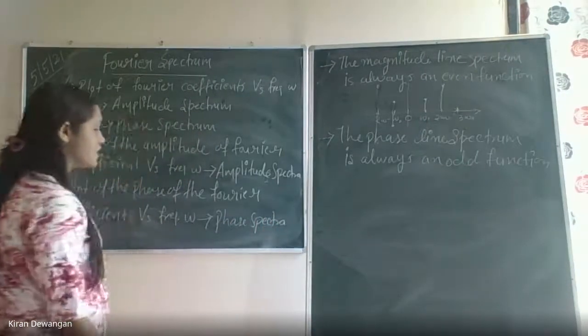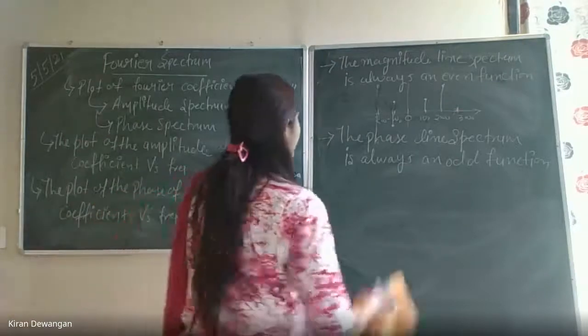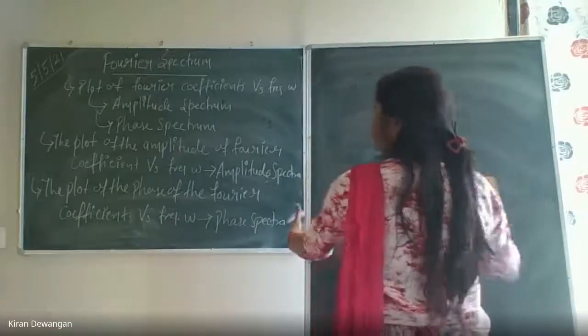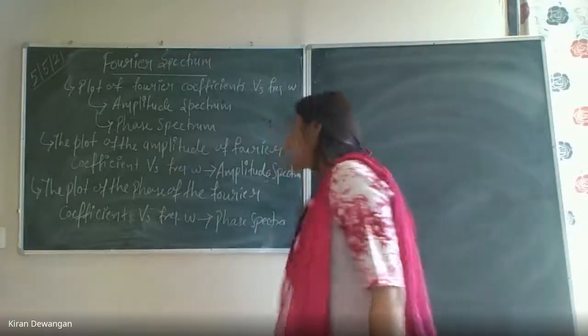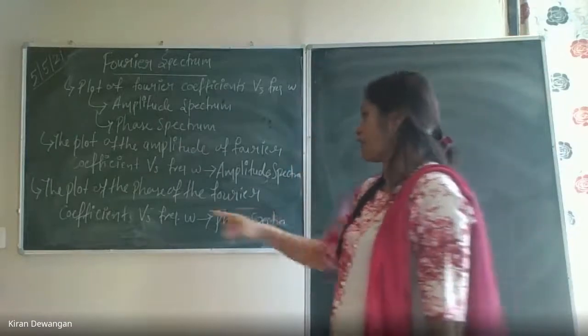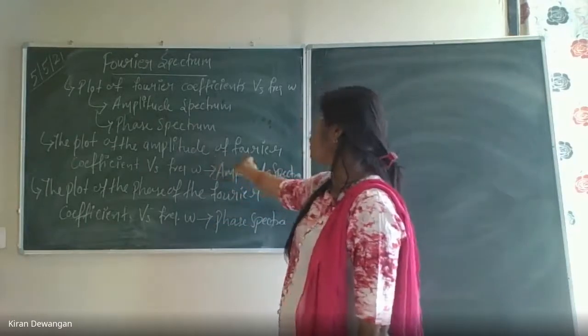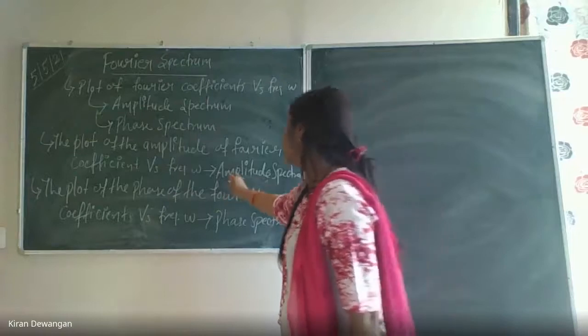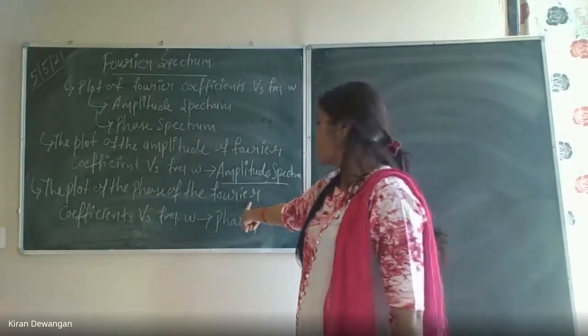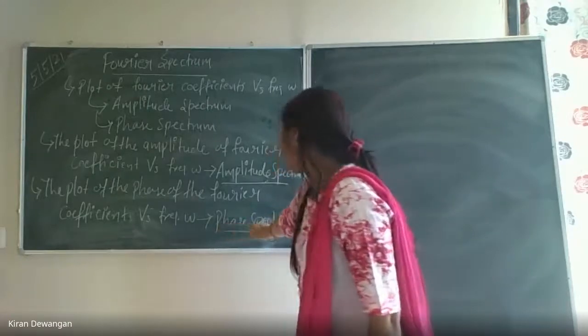Okay? So these are the basics about the Fourier spectrum, that we should know what a Fourier spectrum is and what plots it involves. It involves two types of plot. One is an amplitude and another one is a phase. So the plot of the amplitude of the Fourier coefficient versus frequency is the amplitude spectra, and the plot of the phase of the Fourier coefficient versus frequency is the phase spectra.